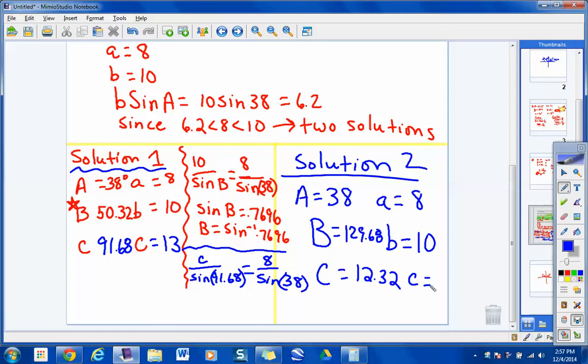What do we have here for angle C now? Yep. Side C over the sine of 12.32. That's going to equal, let's go back to the ones we knew to begin with, length of 8 over the sine of, yeah.